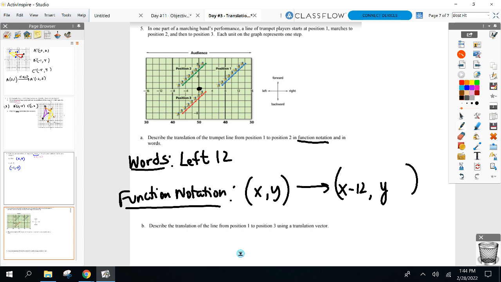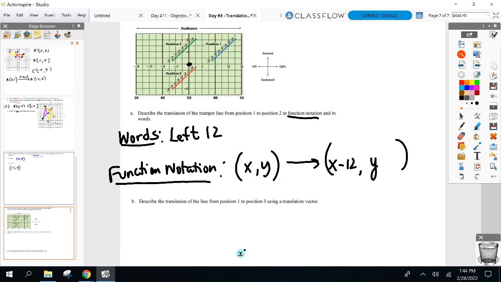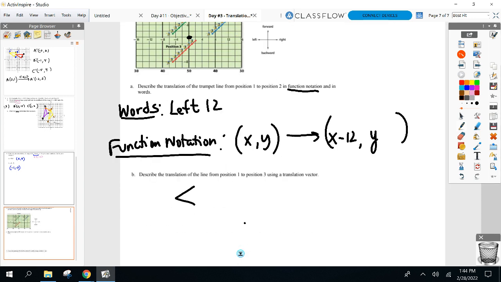And then finally, now let's go from 1 to 3, but use a translation vector instead. Use a translation vector as your notation. So going from position 1 to position 3.